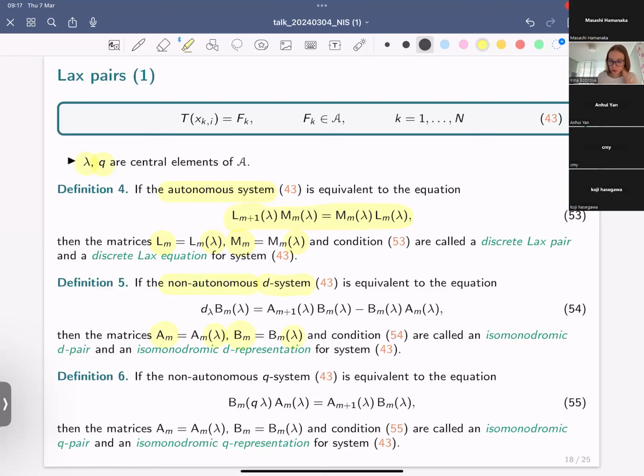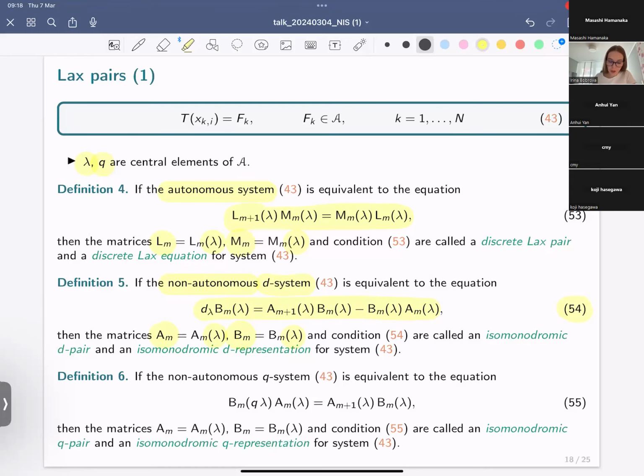Then if our system is equivalent to equation 54, given by this formula, then we call these matrices an isomonodromic discrete pair of additive type, and condition 54 is the isomonodromic D-representation of our system 43.